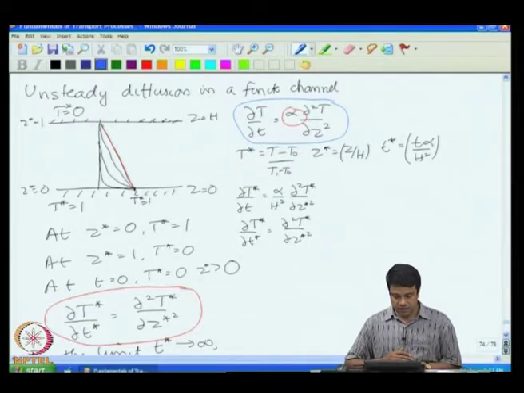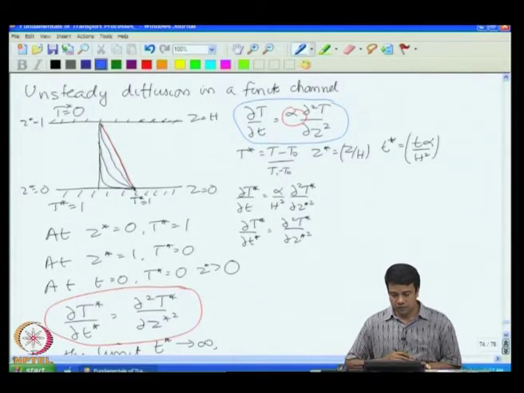We had defined the scaled z coordinate as z star equal to z by capital H, and we put that into the equation and managed to get out a scaled time t star equal to t alpha by h square. This is a dimensional necessity, because the only parameters in the problem are alpha, the thermal diffusivity, and h, which is the distance between the two plates.